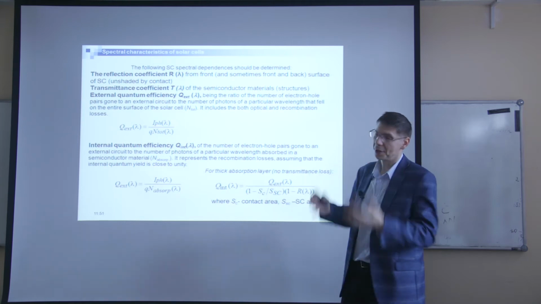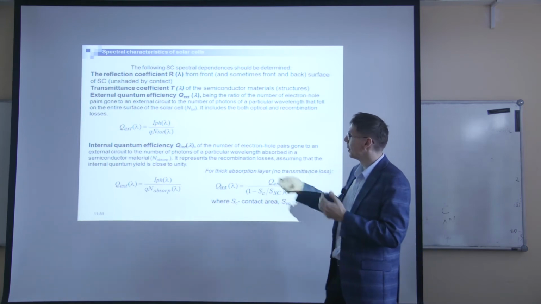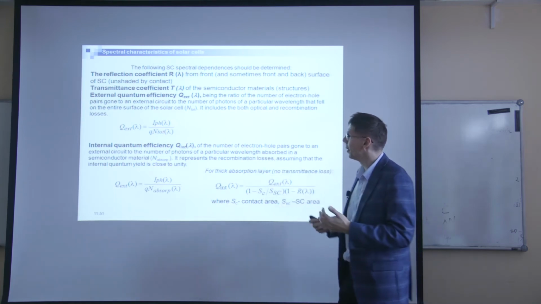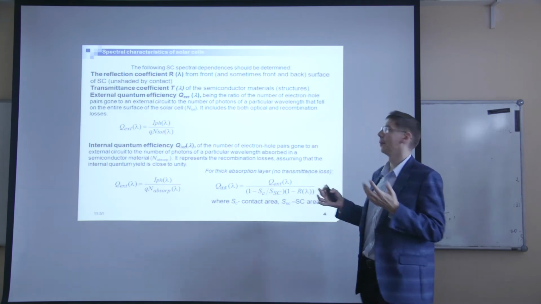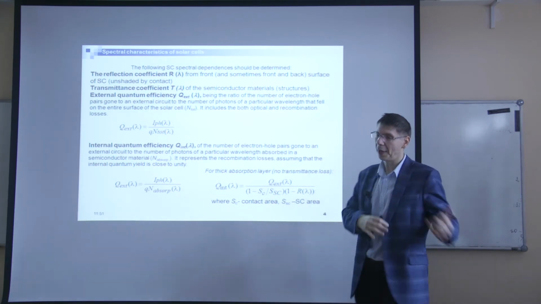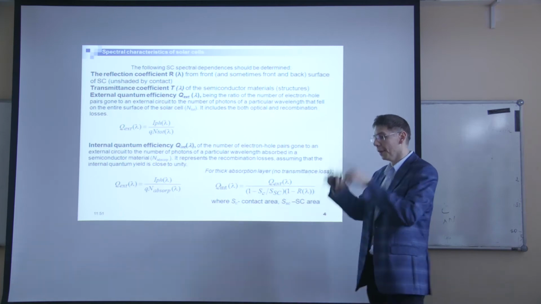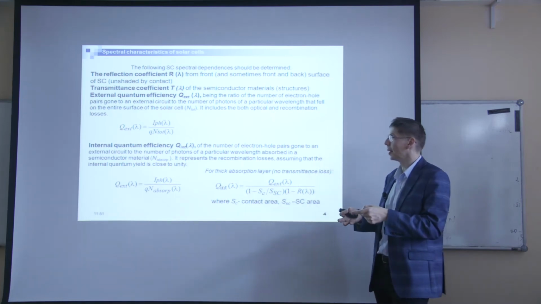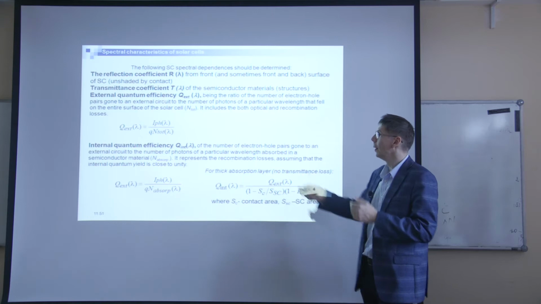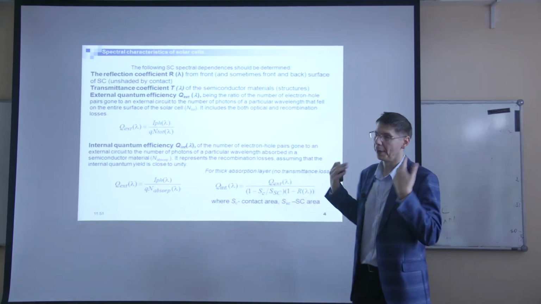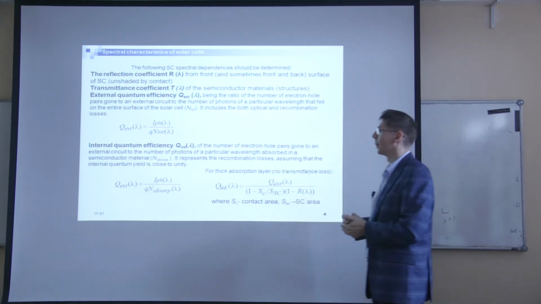So you just measure the photocurrent and divide it by the number of the total photons. It's the ratio of electron-hole pairs which are selected and come to the external circuit to the total number of incident photons.